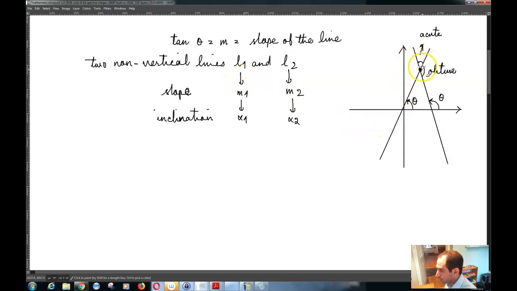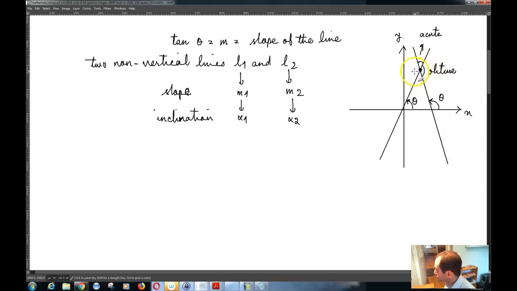Now, as we discussed here, whenever two lines intersect in an xy plane, they make two pairs of vertically opposite angles. So this is one pair, and this is one pair over here.